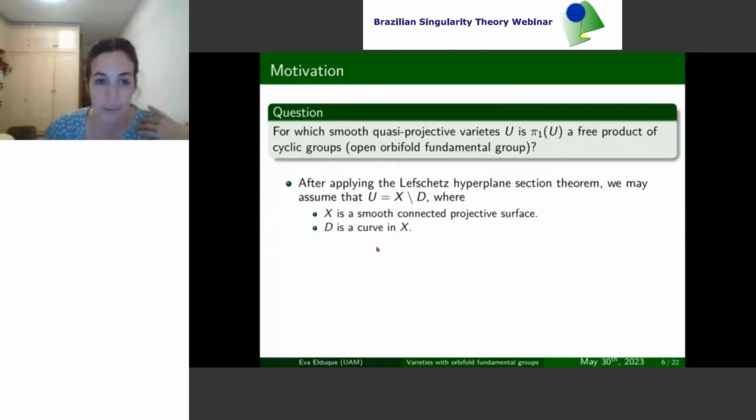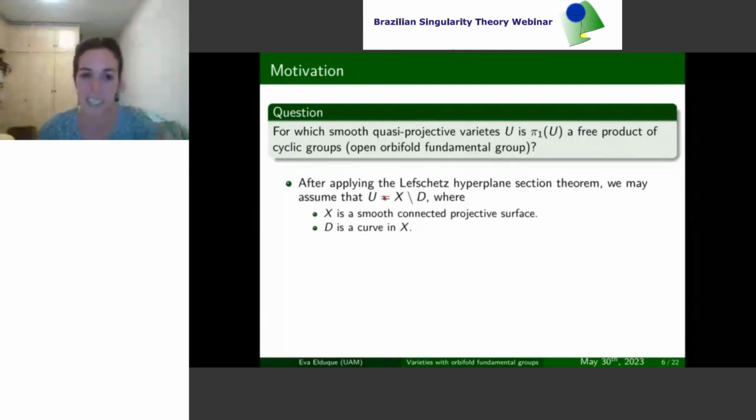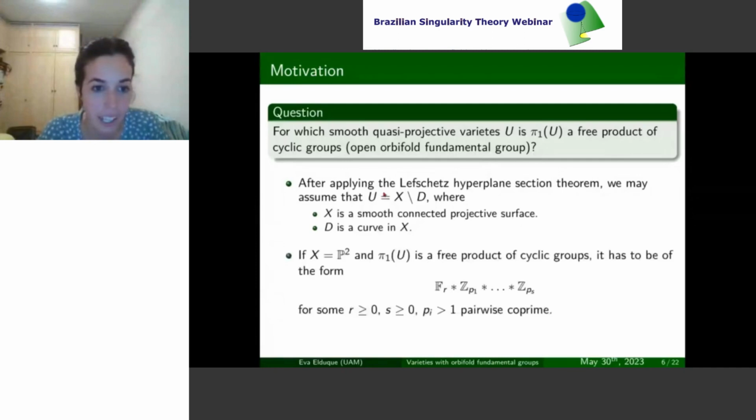So as long as we have a good idea for which curve complements inside smooth connected projective surfaces have such a fundamental group, then well, we won't know in general which smooth quasi-projective varieties, but we know that we can obtain the curve case just by intersecting with generic hyperplanes. And so from now on, I'm just going to talk about curve complements.